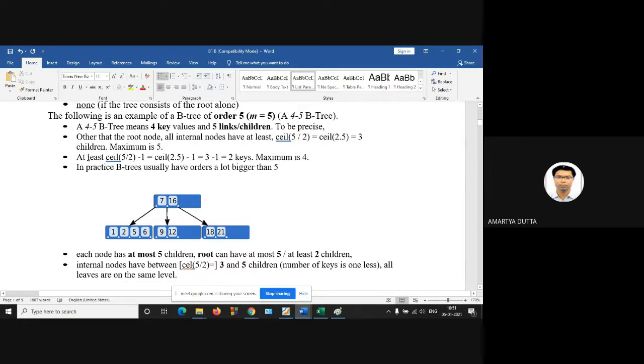Now you have to calculate the number of keys. All internal nodes except the root have at least 3 children and at most 5 children. So how many keys will be there? Any suggestion?